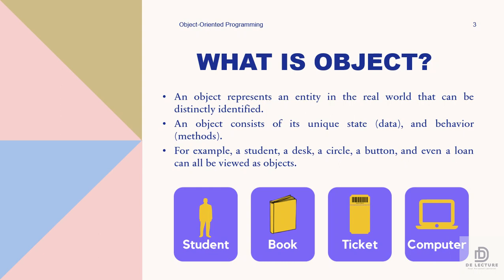In the brackets, state means data fields, or in other words, variables. Behavior, in the object-oriented programming concept, we call methods. Some of you from a procedural programming background call them functions. That is what we call an object.